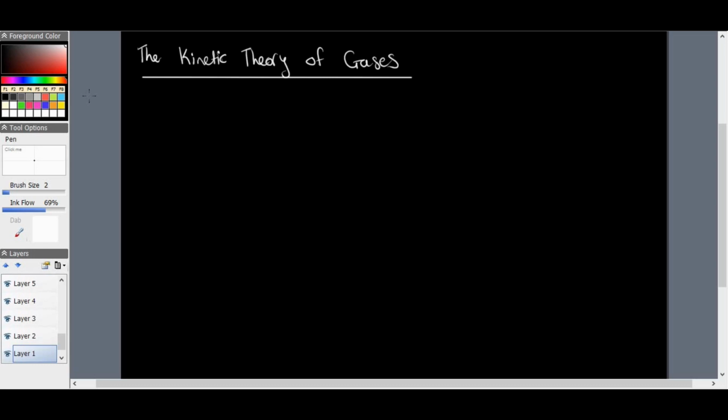So the kinetic theory of matter does explain the behavior of gases as follows. Number one, the first theory that it tries to explain is that gases are made of particles. If your teacher at school has done a demonstration before on the three phases of matter, they'll put a solid in a big syringe, a liquid in a big syringe, and a gas, which is normally just air, in a big syringe.